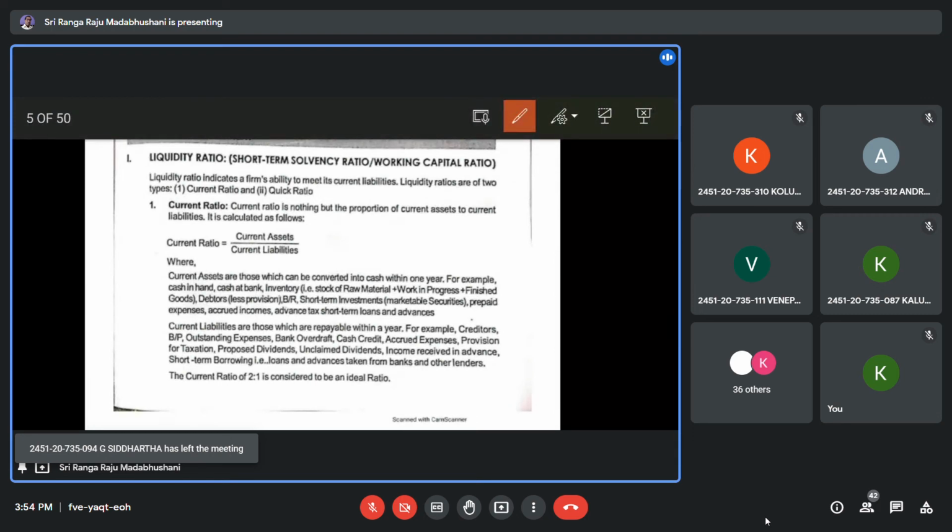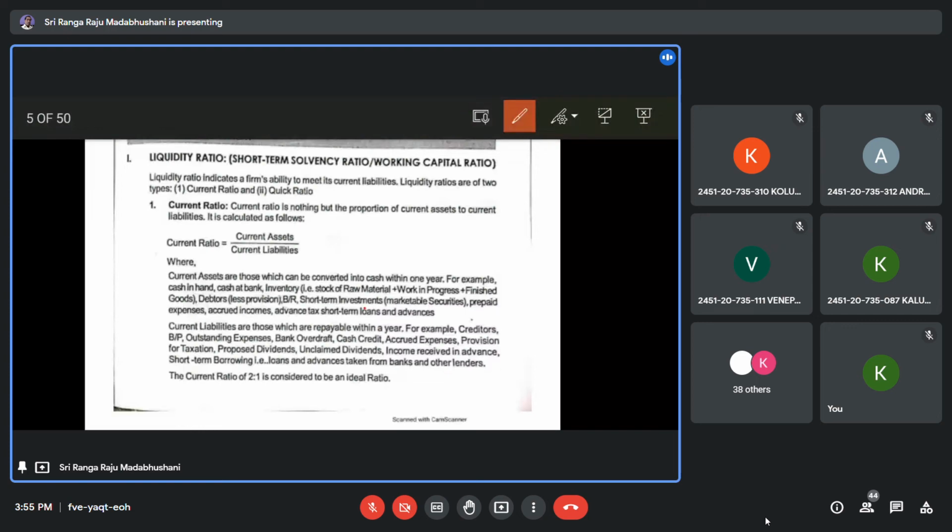Current liabilities: creditors, bills payable, outstanding expenses, bank overdraft, cash credit, accrued expenses, which is similar to outstanding, provision for taxation, proposed dividend or unclaimed dividend, and any income received in advance.